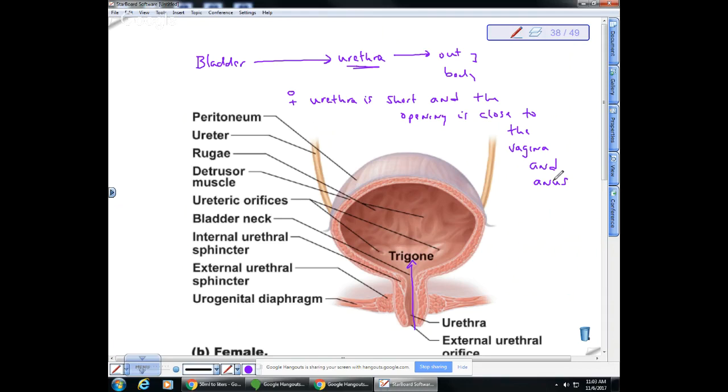Okay. So that's why you have to be very careful when you're wiping yourself to wipe yourself correctly in order to keep bacteria from getting up into the urethra, because once it gets into this, you can get a UTI or a urinary tract infection. Urinary tract infections are much more common in females than in males.